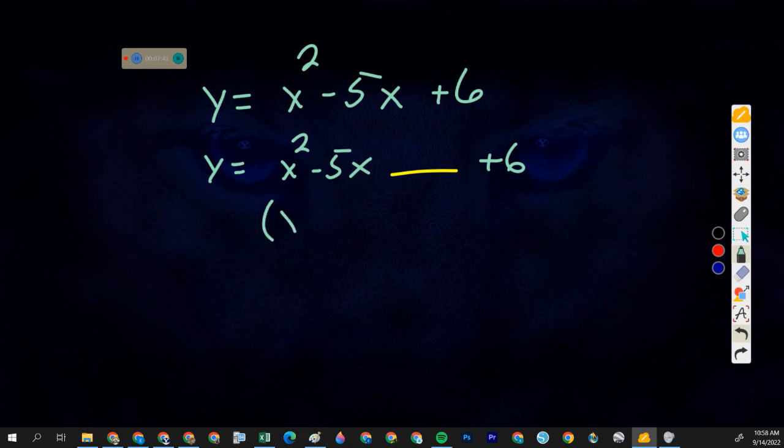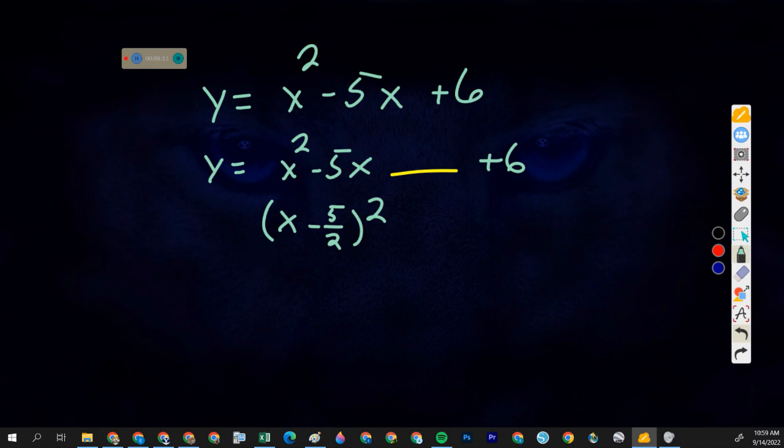And now we have x minus what? Well, I need to cut that 5 in half, which is 2.5. And then I need to square it. Does anybody know 2.5 squared in their head? I don't. So let's just leave it in fraction form. What is 5 over 2 in fraction form? It's just 5 over 2.